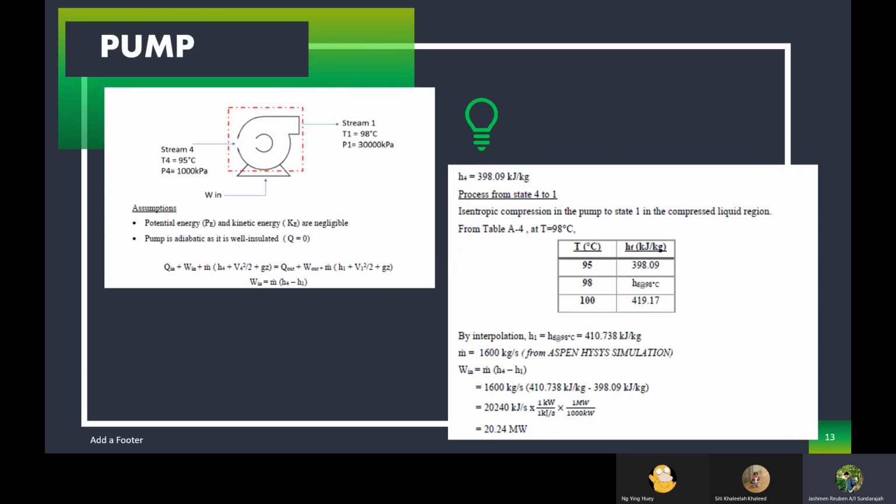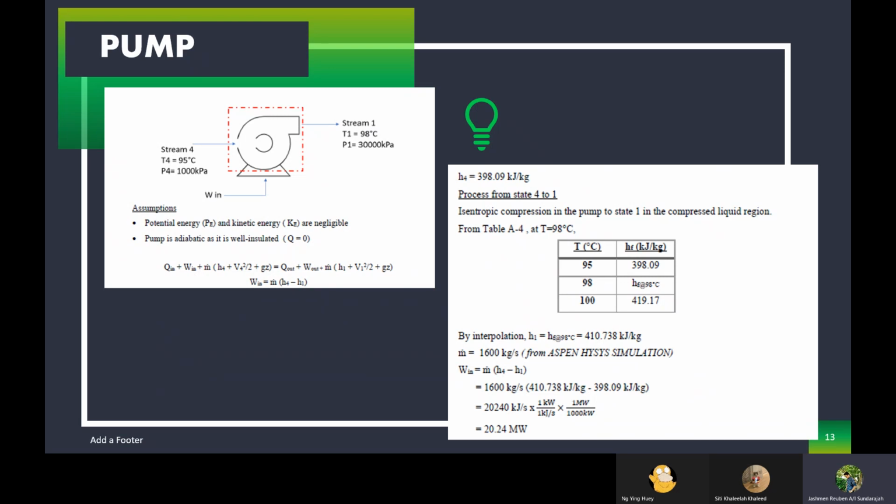Last but not the least, the final steady flow device to be analyzed is the pump. In the pump, the compressed liquid undergoes an isentropic compression process, where external work is supplied to the pump, so that work is done on the working fluid by means of pump operation. This analysis is made to calculate the work input that is supplied to the pump.